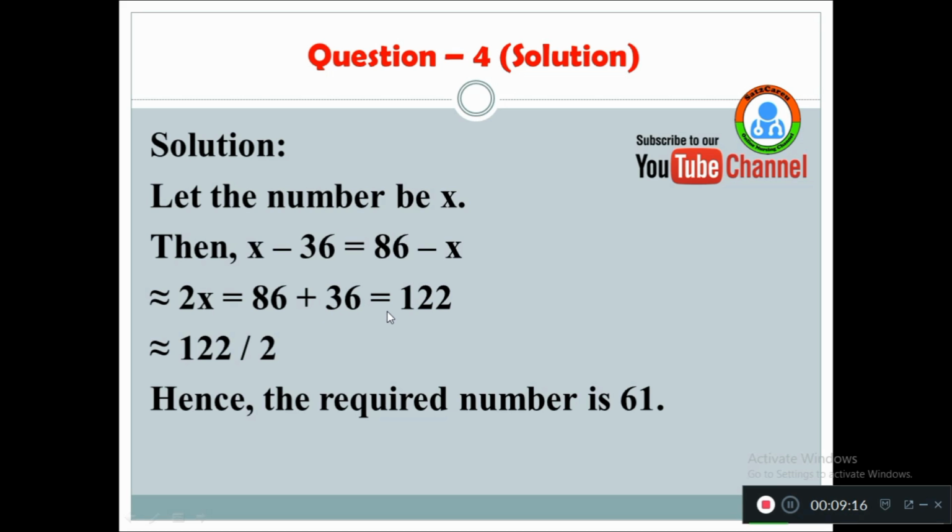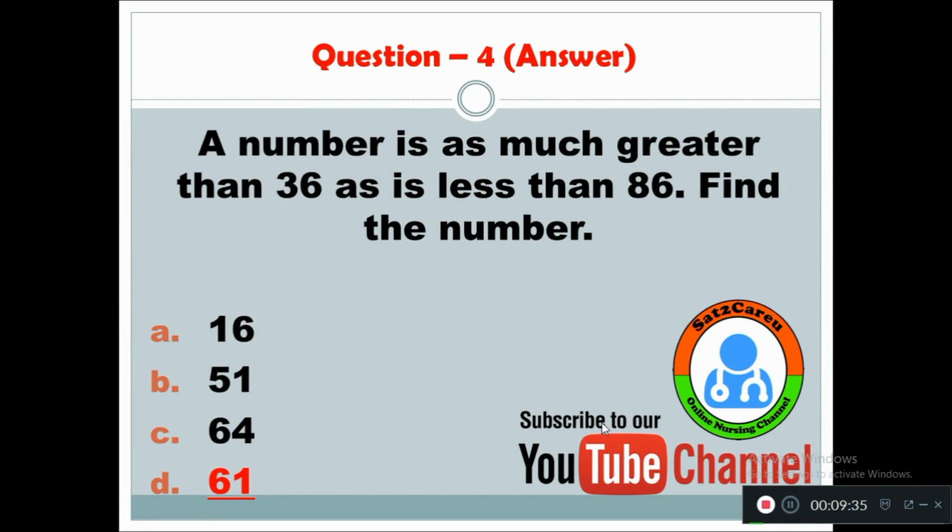Now 2x is equal to 122. Now what is x? x is equal to 122, and this 2 comes down as the denominator, it becomes division, 122 upon 2. That gives the answer 61. So you can check the answer. 61 is the right answer.